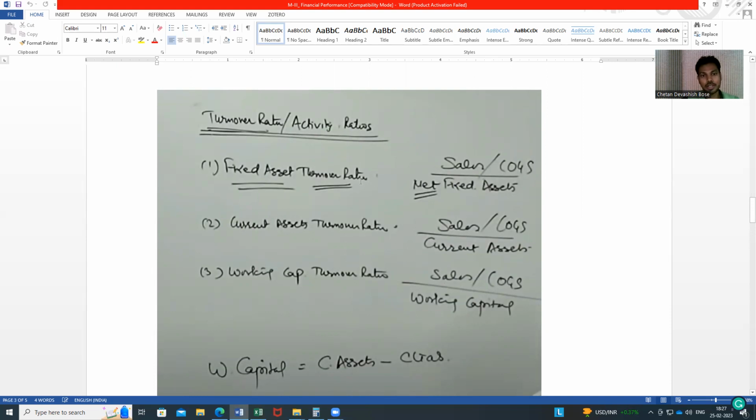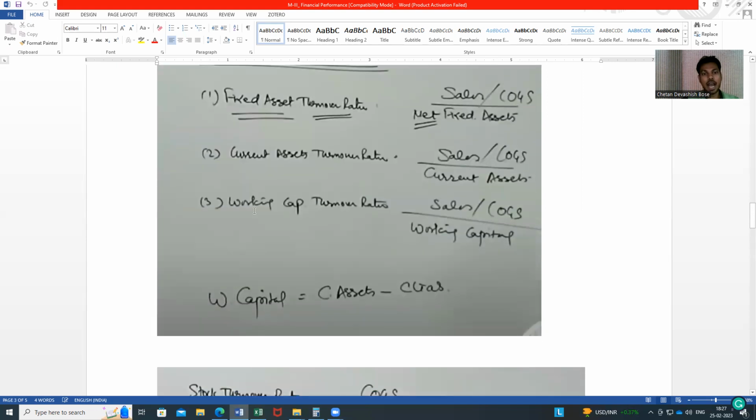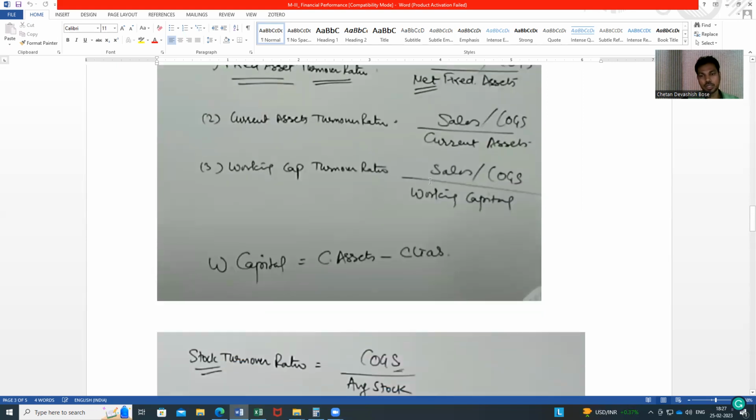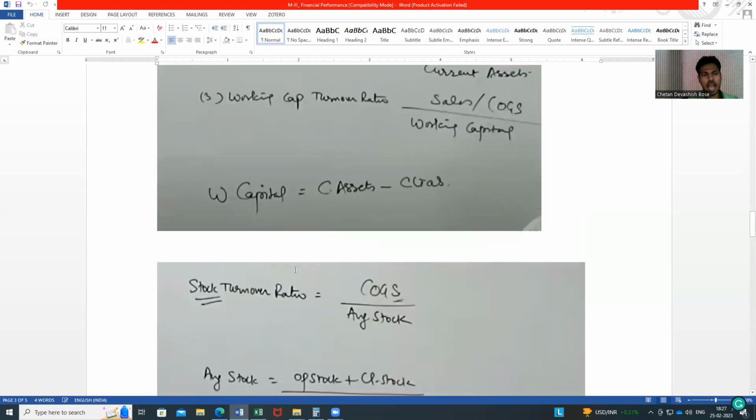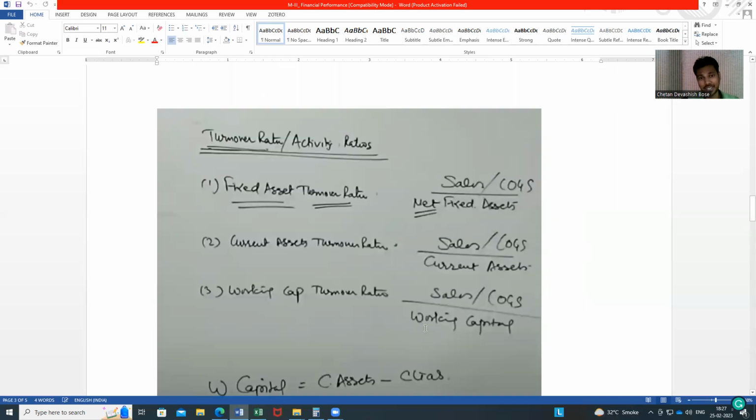So here, fixed asset turnover ratio is nothing but sales upon fixed asset. Current asset turnover ratio is nothing but sales upon current asset. And working capital turnover ratio is sales upon working capital. And then stock turnover ratio should have been sales upon stock, but it is cost of goods sold upon average stock. I will explain why.